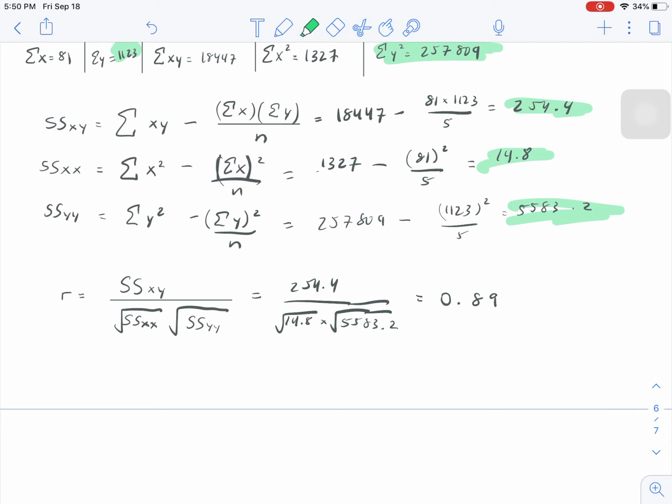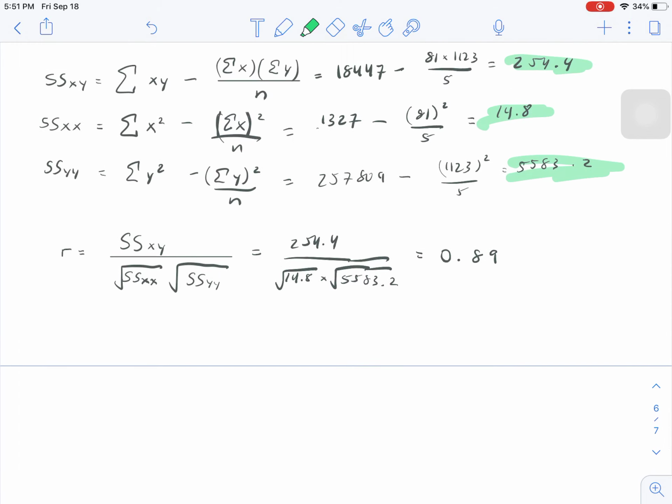One way to check if you've made a mistake in calculating your correlation coefficient is that this r value should always be between -1 and 1. If you get anything outside of the range between -1 and 1, then you've made a mistake and you should go back and check your work.